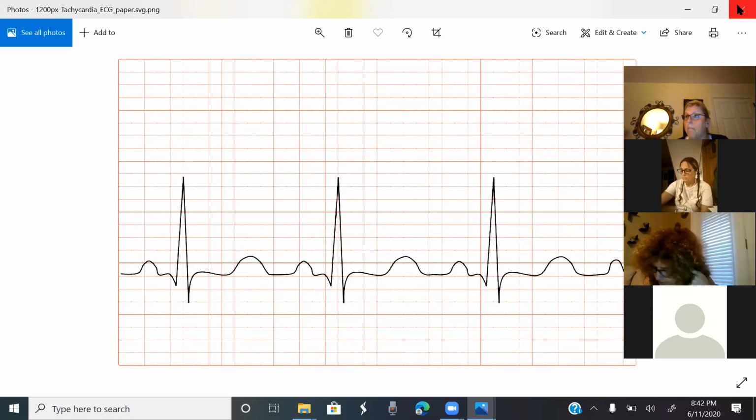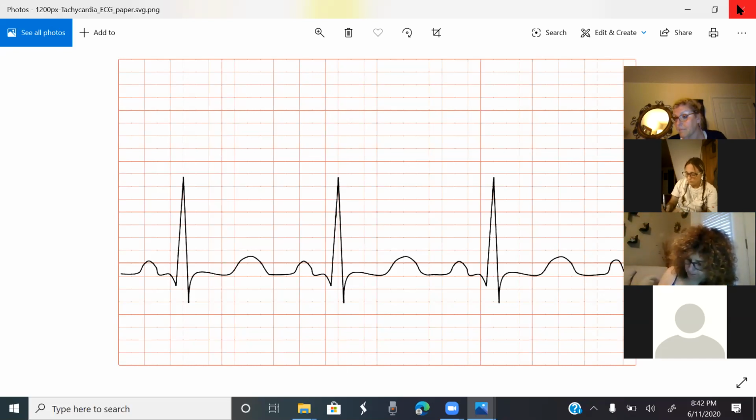Right, 0.20. So my PR interval is 0.20. That was me that said 5. But see, 5 times 0.04 is what? 0.20. So number 1 should be 0.20.